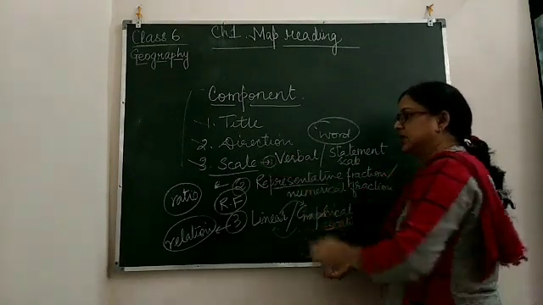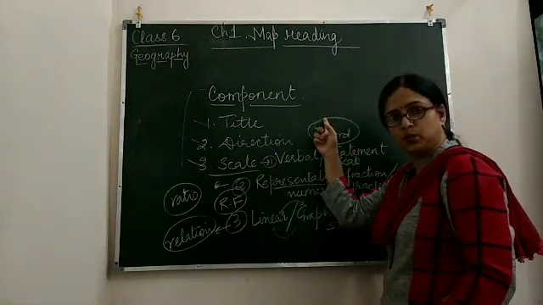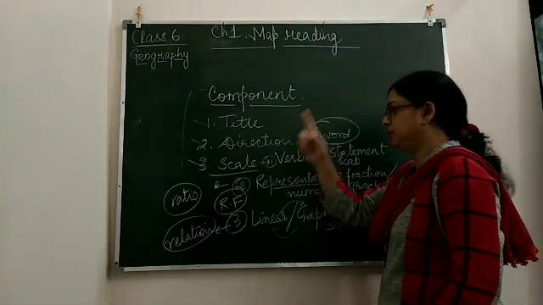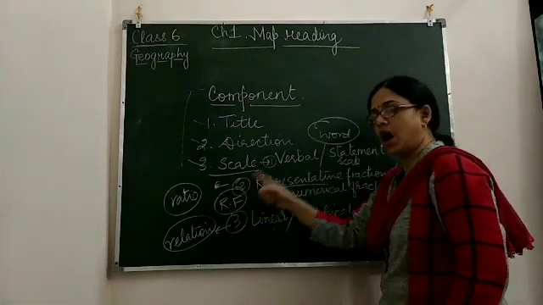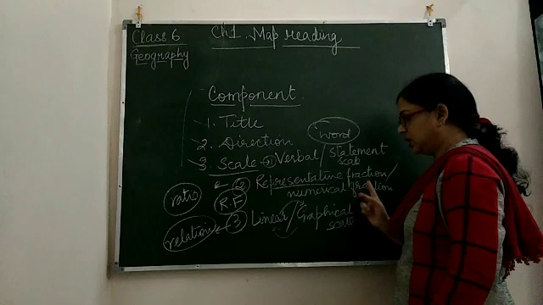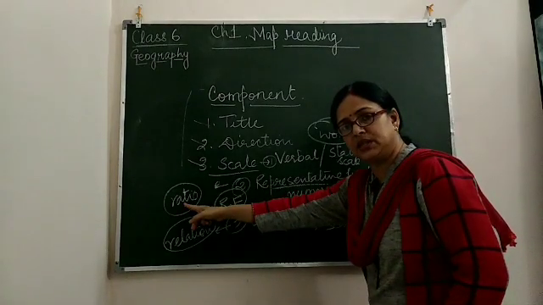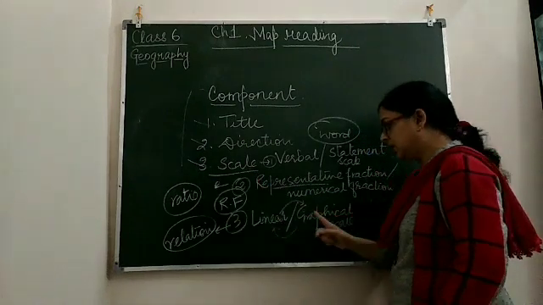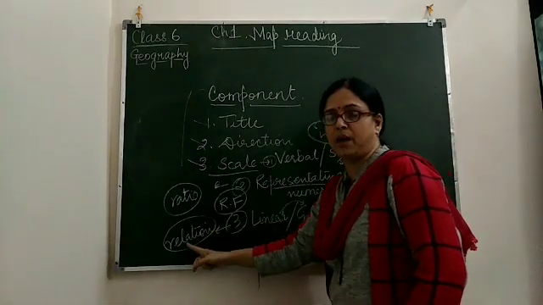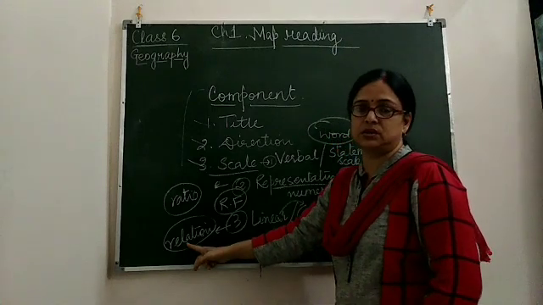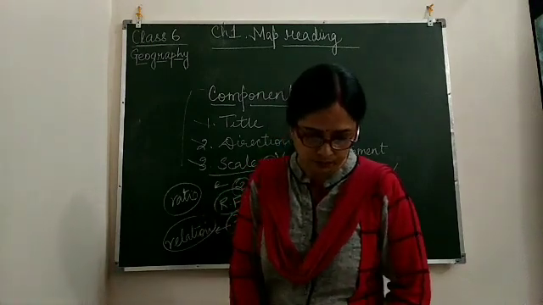Then scale: verbal or statement scale expresses it in words in a statement. Representative fraction, also known as RF or the numerical fraction, represents the ratio between the map distance and the ground distance. Linear or graphical scale represents the relation between the map distance and the ground distance. I think your concept is clear now.